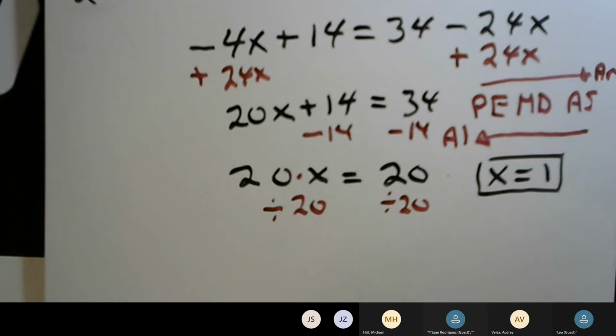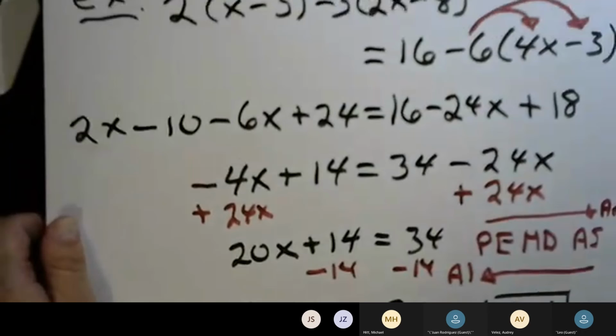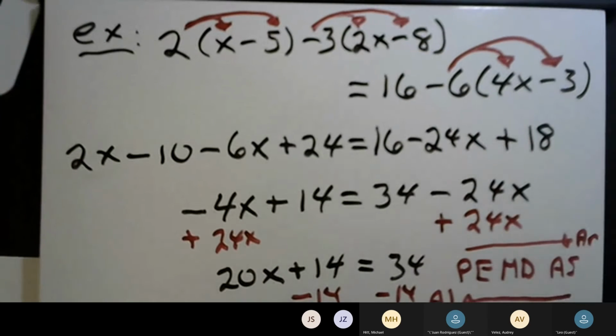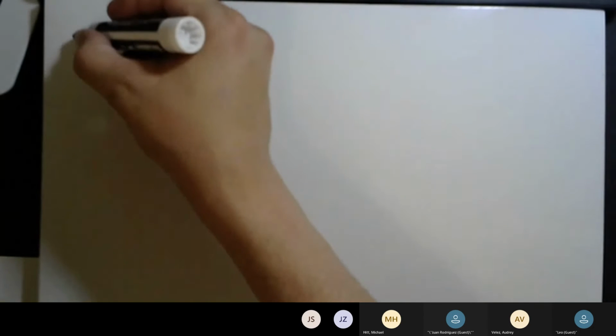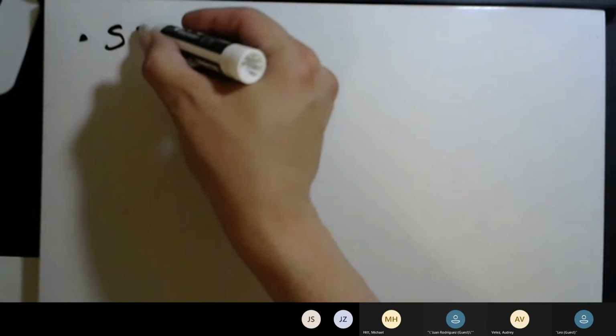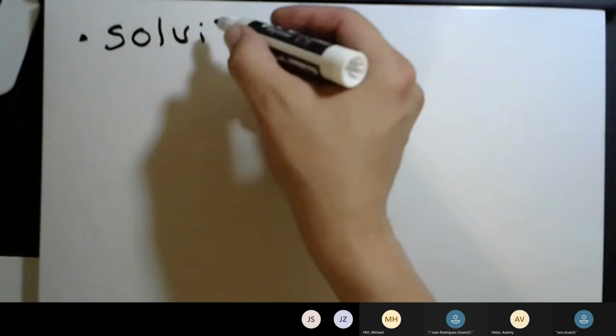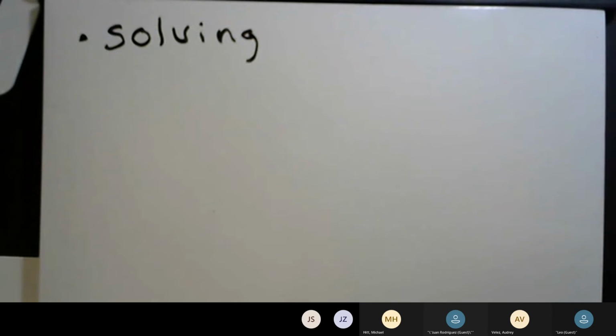So the last sort of solve for x kind of activity that we're going to look at involves formulas. Now, we looked at formulas earlier. And a formula usually involves assigning a variable or some variable's values to find the value of another variable.